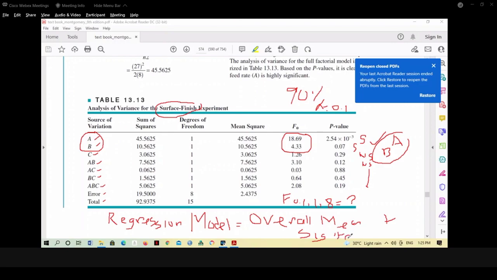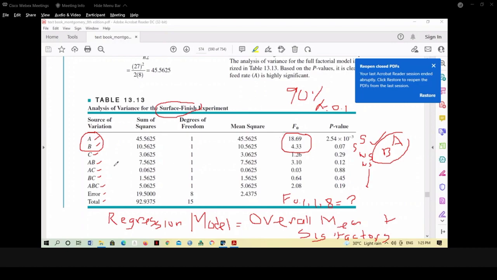In fact, for our example, the significant factors are only A and B. The most important thing is to draw the main effect plot for the significant ones.